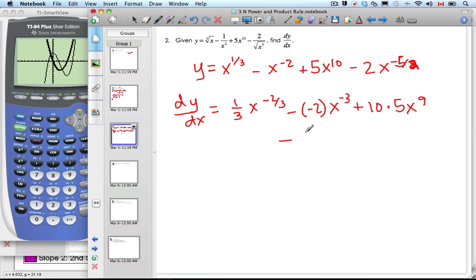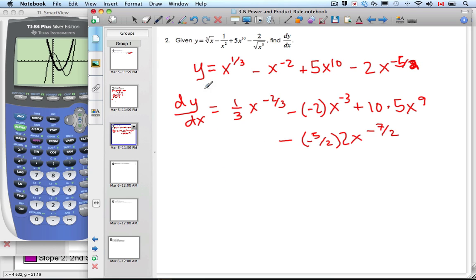Minus, bring our negative 5 halves down. Oh, don't forget your negative sign there. Thank you. Minus 5 halves x to the negative, we're going to put our 2 as well. This is why it's good to do it in pairs. Okay, so 7 halves. 7 halves.